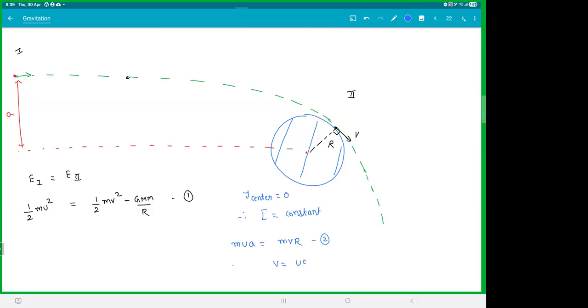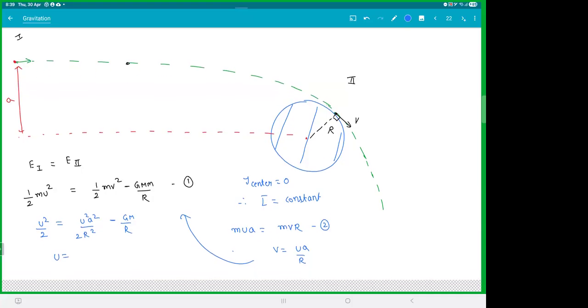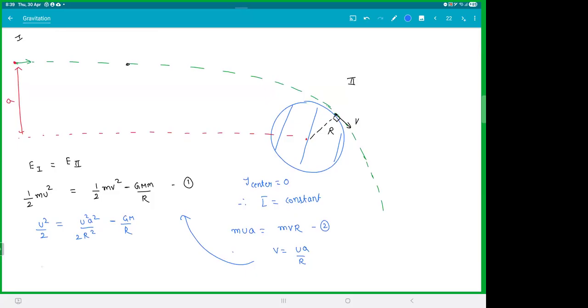Take v from here, which is u a by R, and dump it in this equation. Small m goes off, you end up with u square by 2. This is v square, which is u square a square by 2R square, minus G M by capital R. You solve this, you end up with u is equal to root over 2GM by R, 1 minus a square by R square, minus 1.